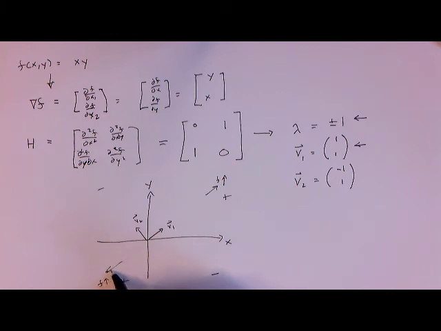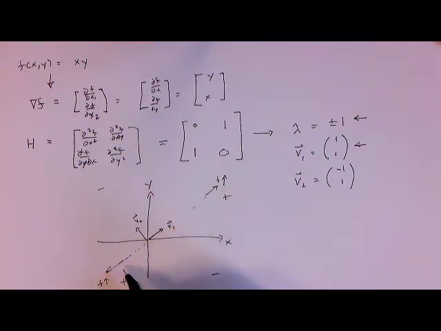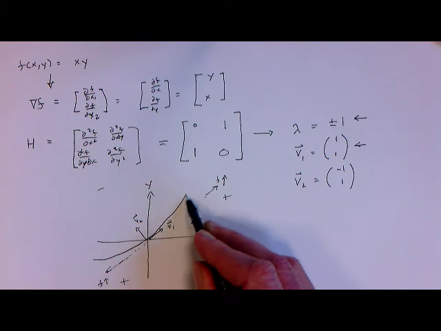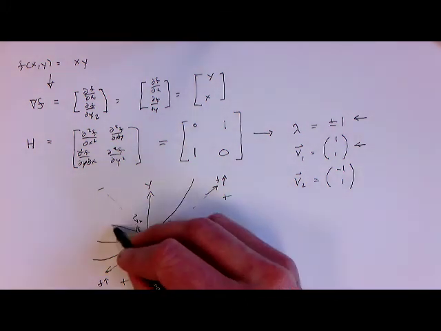So if I were to walk along this line, what would I see? The function would go down, and then would go back up. Exactly. And if I were to walk along the direction of the second eigenvector, the function would come up and then go back down.